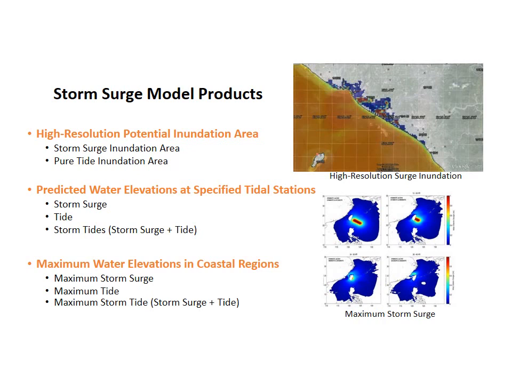Okay, so here I have concluded our modules. Our storm surge model can provide products about high resolution potential inundation areas, predict the water elevation at specified tidal stations, and give users the maximum water elevation in coastal regions.